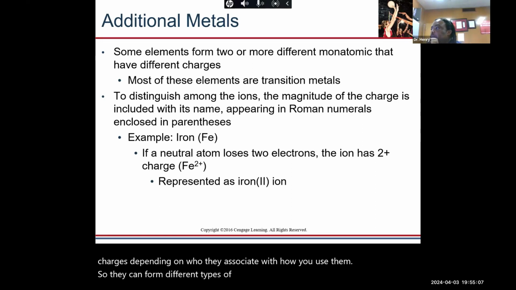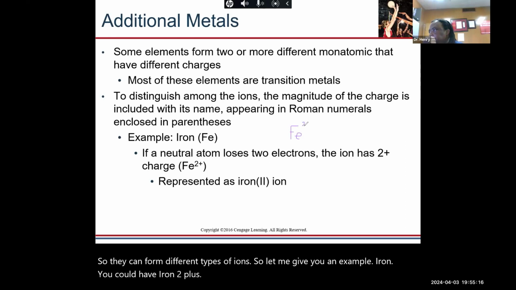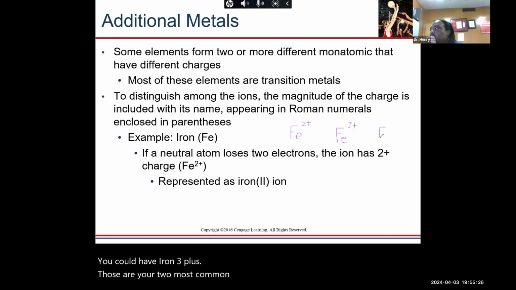So let me give you an example. Iron. You could have iron 2 plus. You could have iron 3 plus. Those are your two most common, but you can also end up having iron 4 plus.